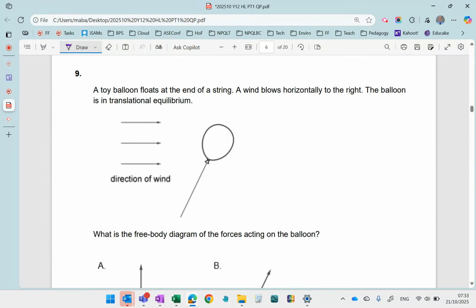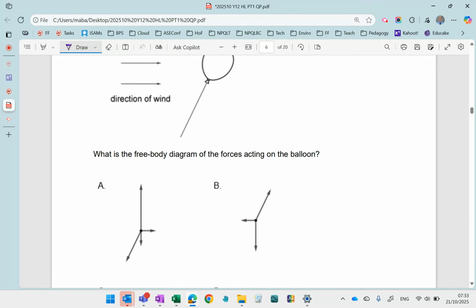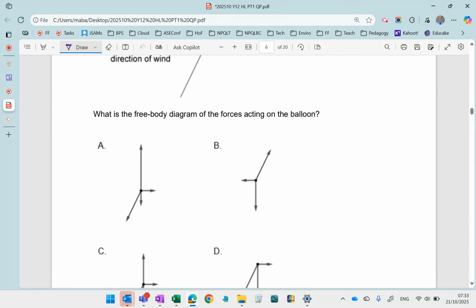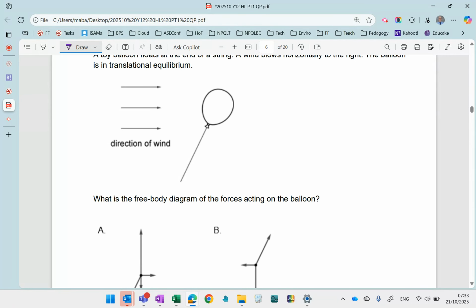All right, toy balloon on the end of a string. Free body force diagram, similar idea. We need to get our heads around what the forces are here. So let's think it through. We're going to have some weight for the balloon.